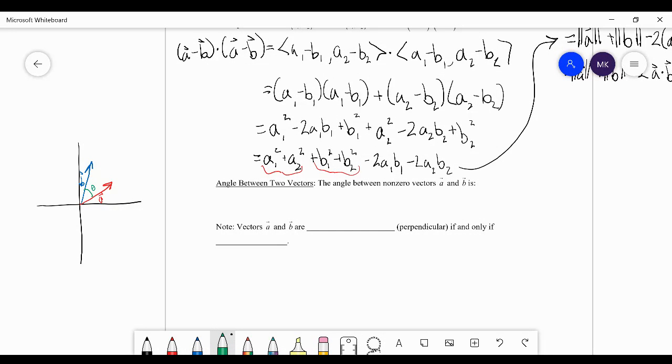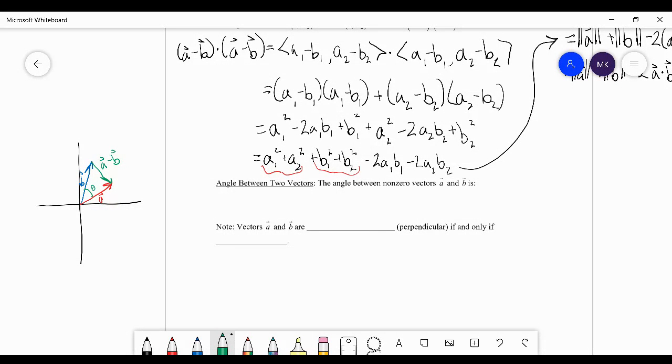And what's cool is if I do this, this is actually A minus B. So how do I figure these out?